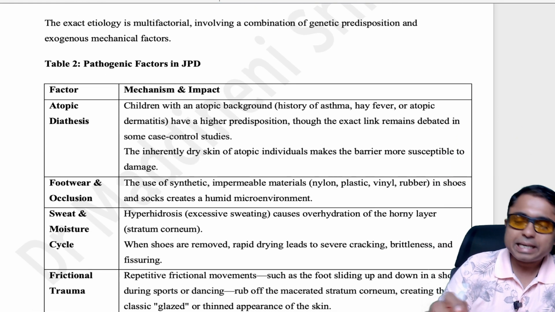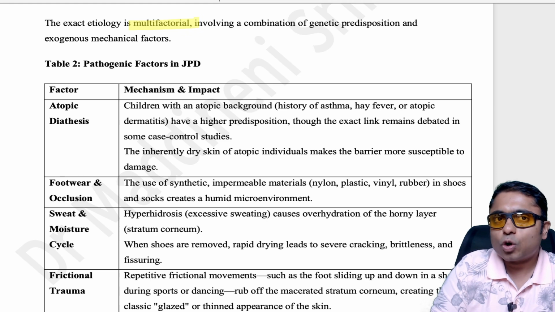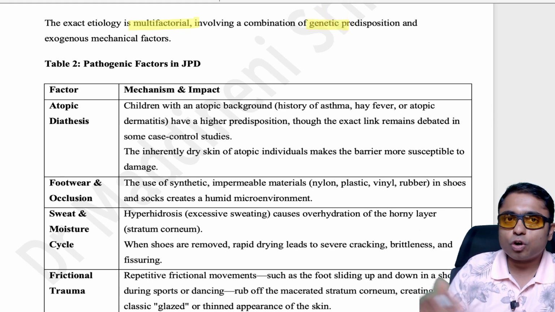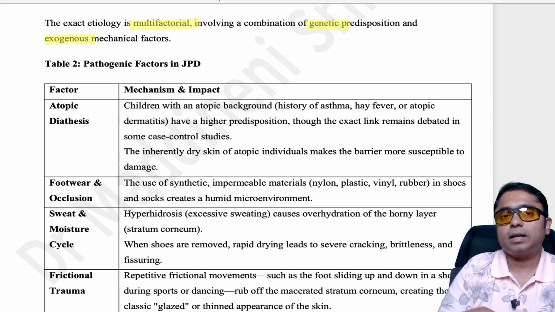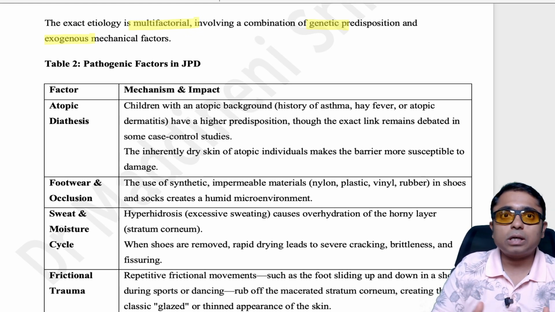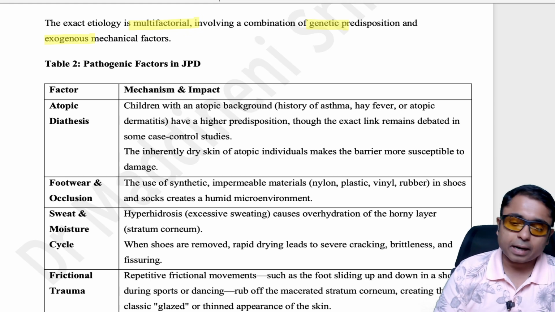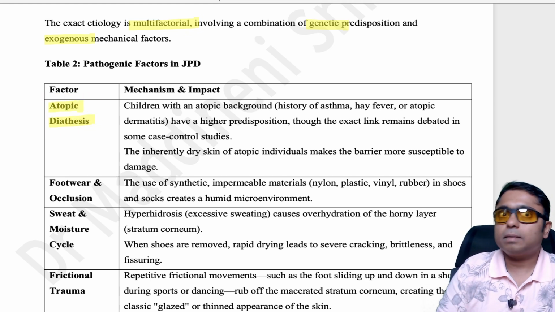The etiology is multifactorial, and it involves a combination of the genetic predisposition of the child and certain exogenous mechanical factors, which, if combined, are going to cause a severe form of juvenile plantar dermatosis. Coming to the first factor, that is atopic dermatitis.